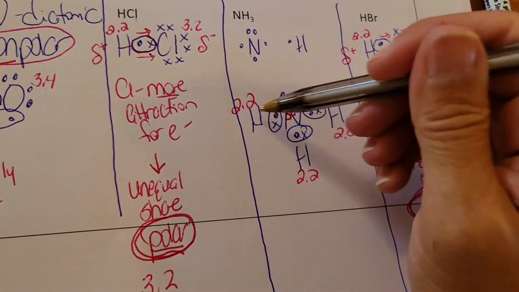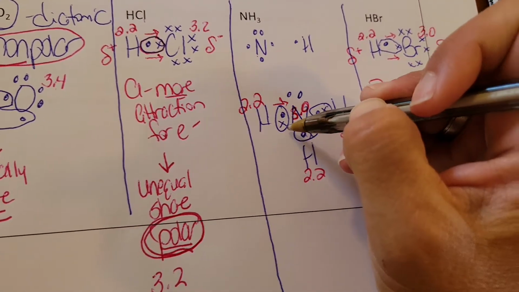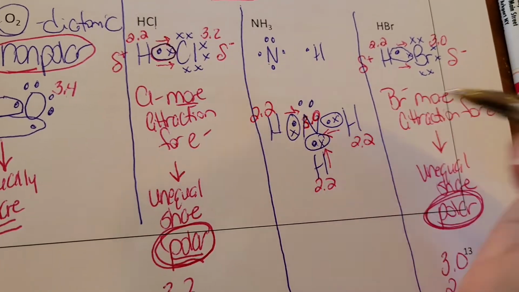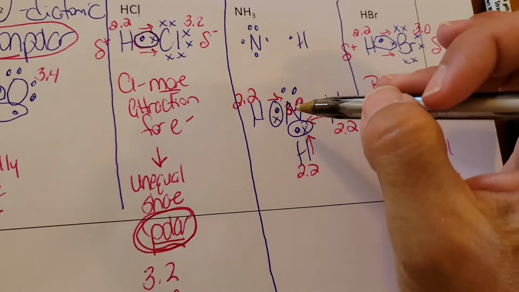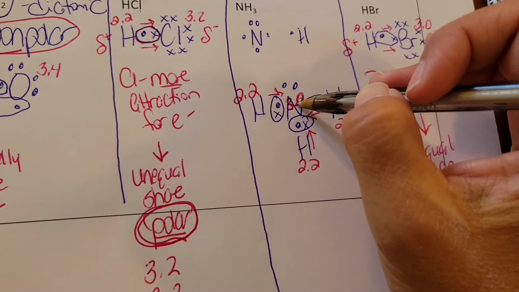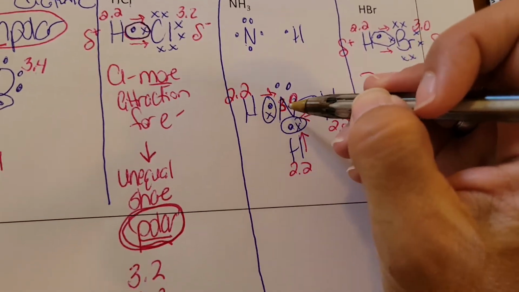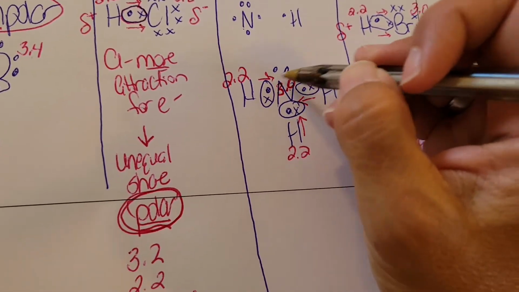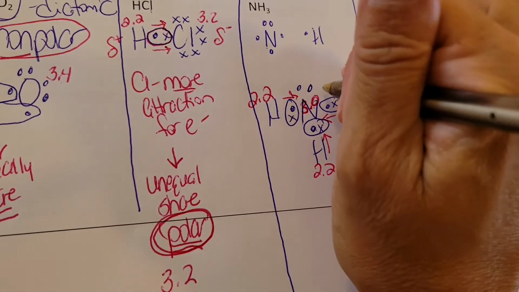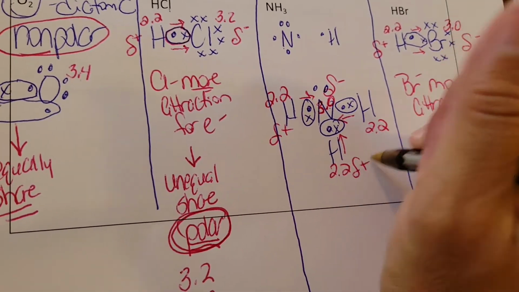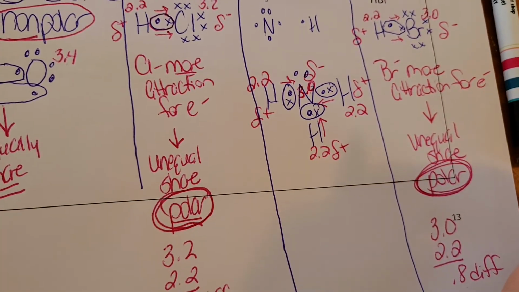So each one of these bonds, the nitrogen is pulling it a little bit more toward itself and not sharing it evenly, because this one is more electronegative, has more of an attraction than the hydrogen. So each one of these is getting pulled a little bit in. So that right here around that nitrogen is going to be a big partial negative. And each one of these hydrogens is going to have a little bit of a partial positive.